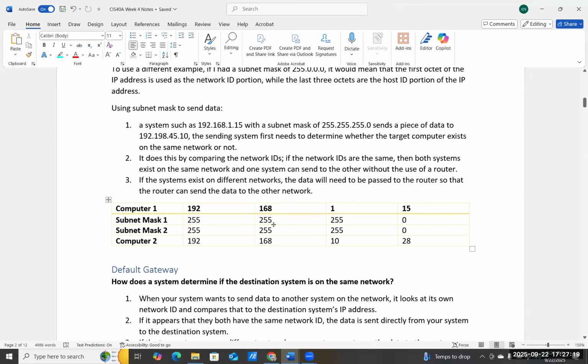Okay, so when we're looking at this, take just that scenario that we talked about, 192.168, network, network, host. If you're looking at a 1 here and a 10 here, it sees them as different networks. Of course they are two separate systems, so the host value is always going to be different.